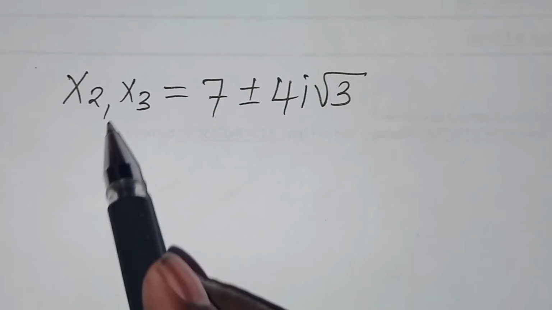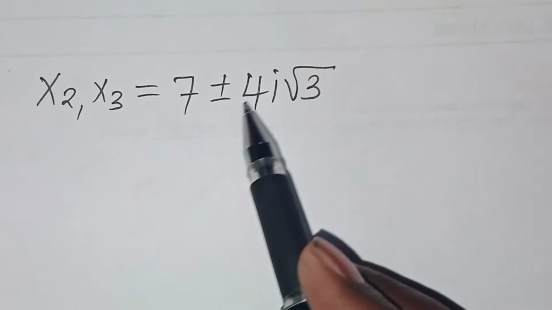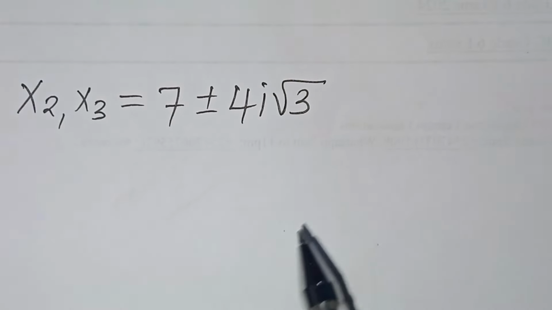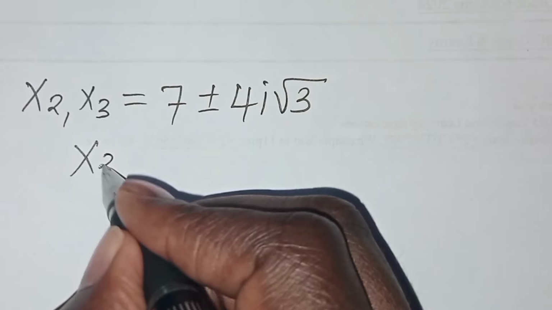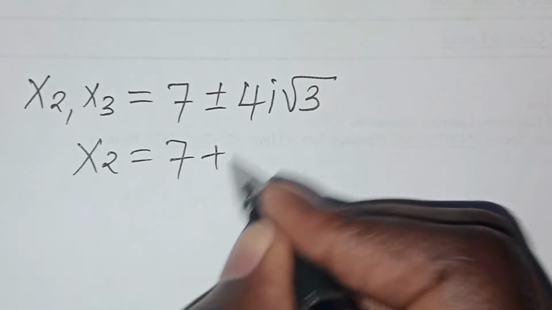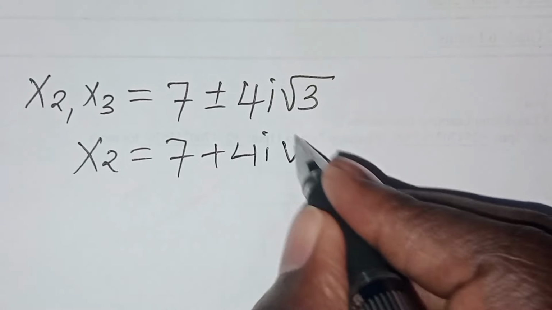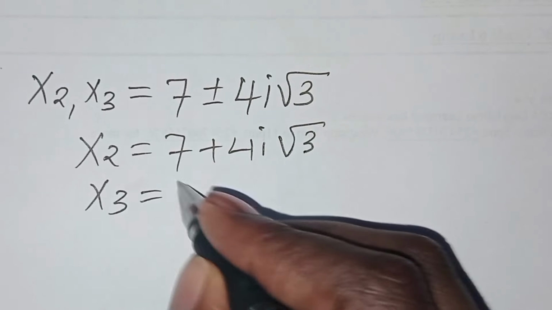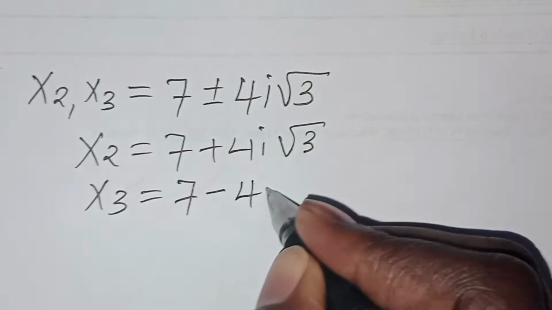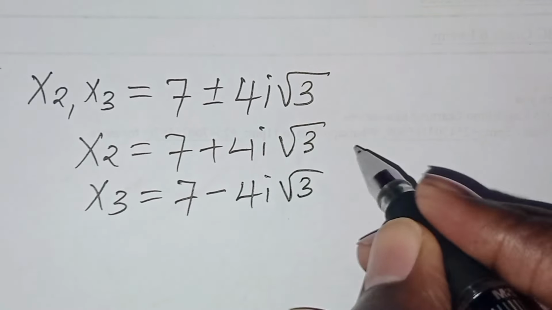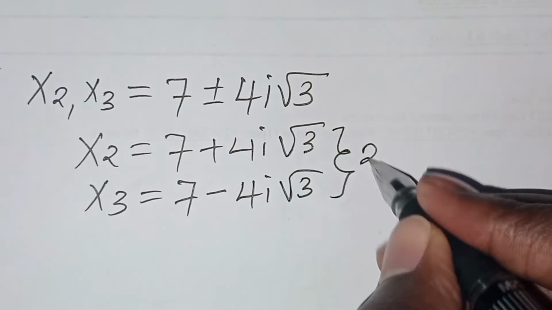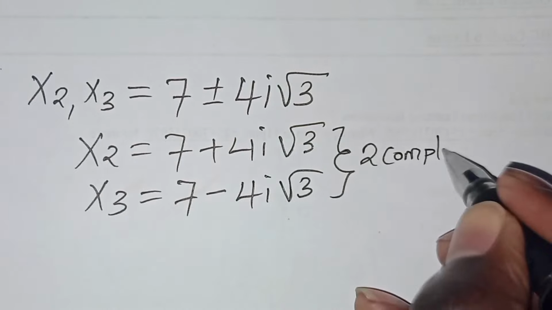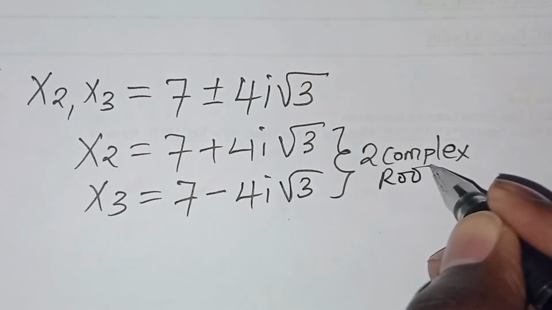So we have x2, x3 equal to 7 plus or minus 4i square root of 3. So this implies that x2 is equal to 7 plus 4i square root of 3, and x3 is equal to 7 subtract 4i square root of 3. Now these are two complex roots here.